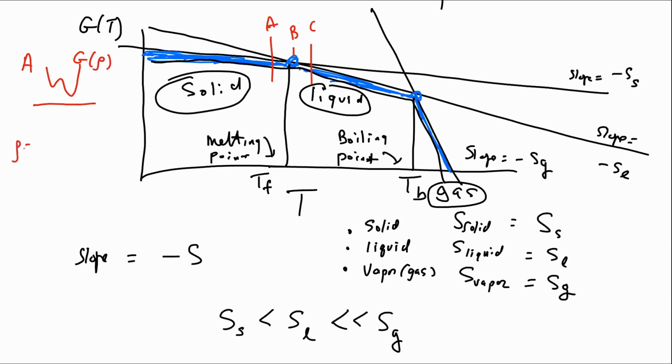So rho is density, and maybe here this would be the liquid and the solid. So this is water. No, it's not water, because it's some material where the solid would sink, so a higher density.